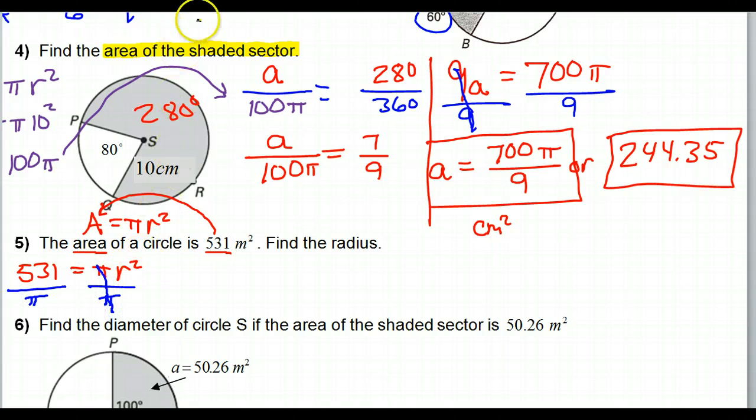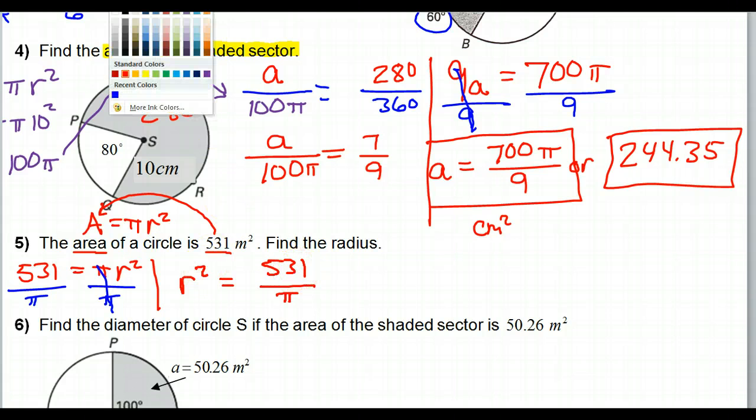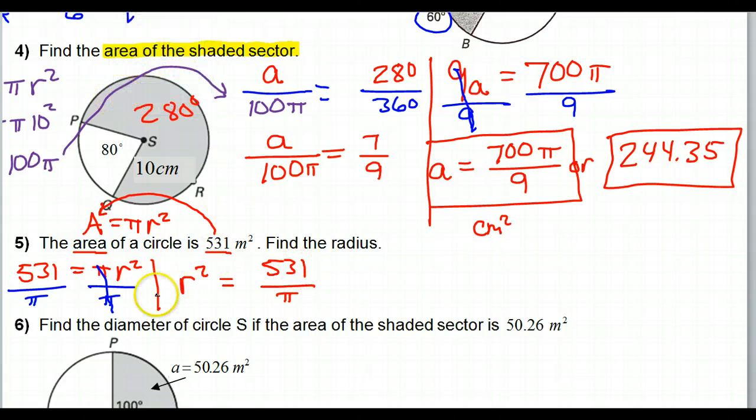Okay, kabam! So far, that tells me that the radius squared is equal to 531 over pi. Please do not make this a decimal yet. We are not at the end. Yeah, leave it like that. To unsquare this, we need to take the square root of both sides, like this.